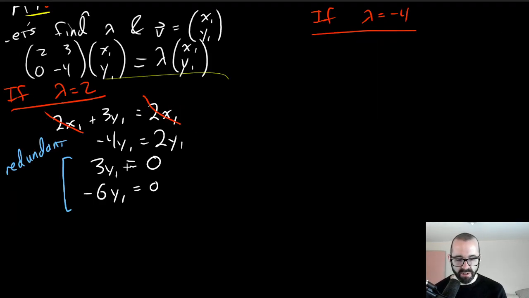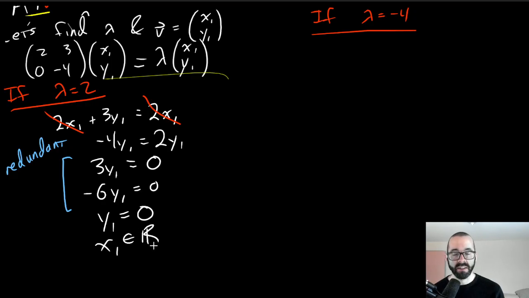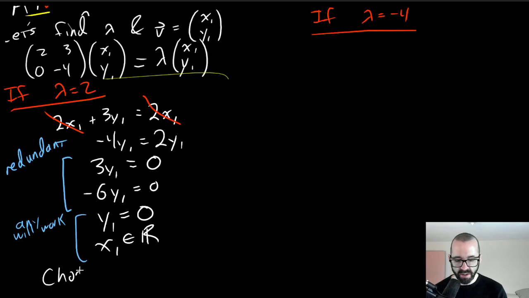All we know is that for a vector to work, for lambda equaling 2, we know the y component has to be 0. And the x component can actually be anything. We can choose any vector, any of these will work. You know what I'm going to choose? My favorite number in the world.